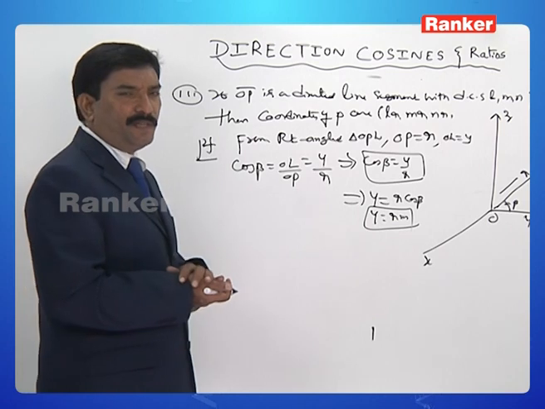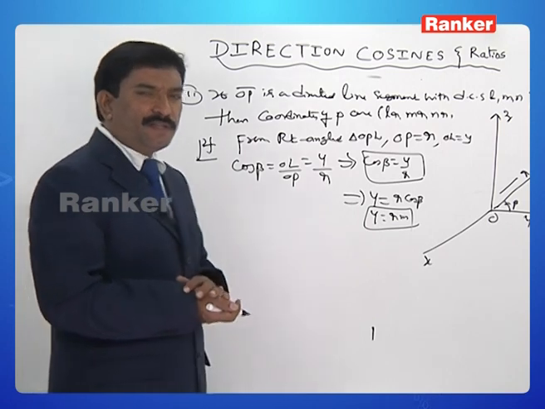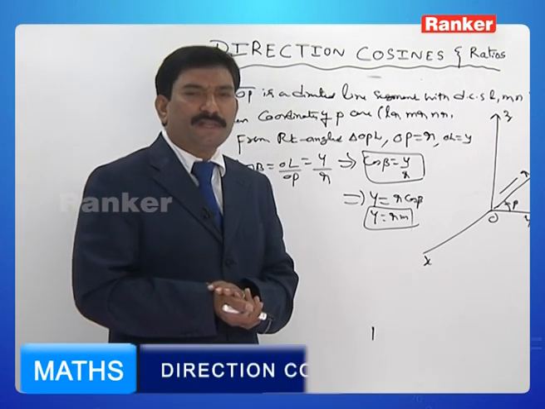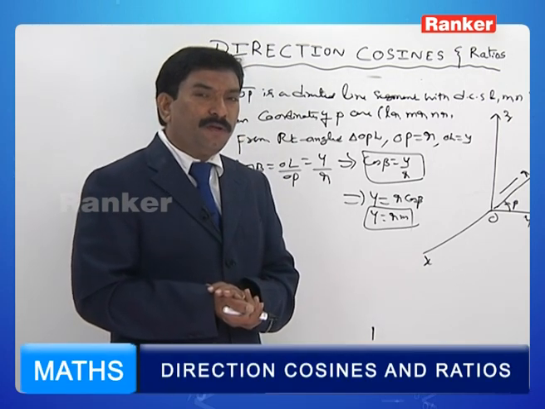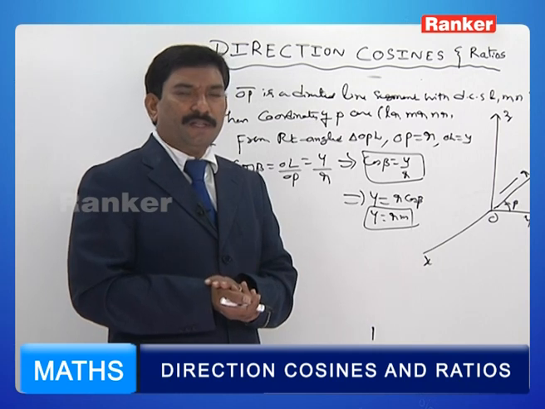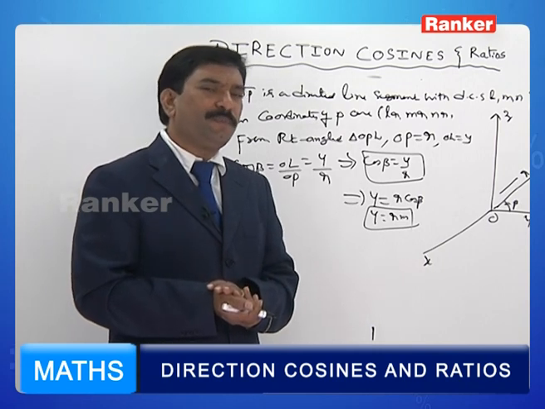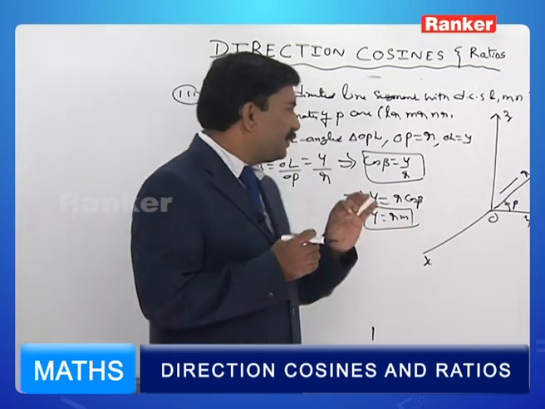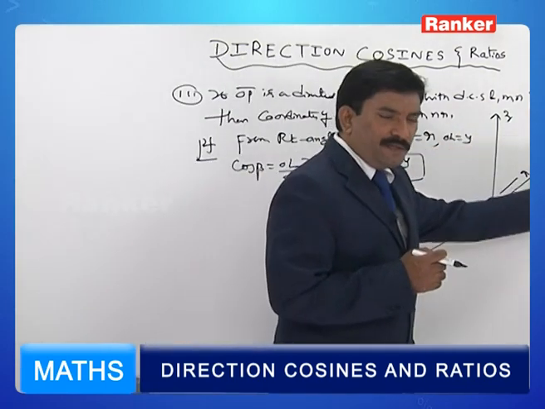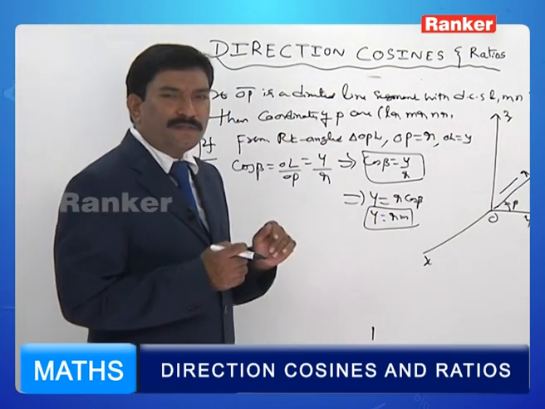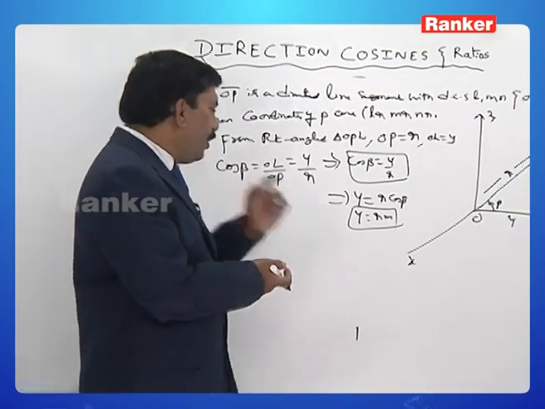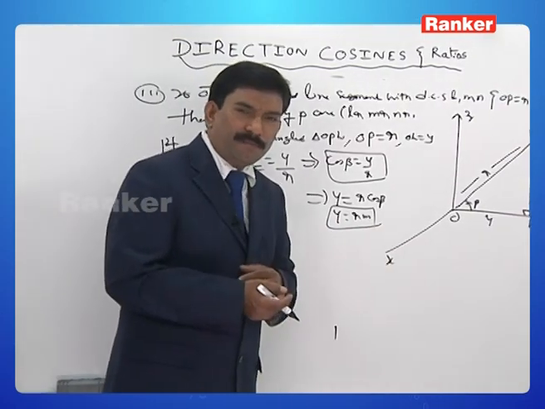Cos alpha is equal to l, cos beta is equal to m, cos gamma is equal to n. In place of cos beta, I can write m. So now we have expressed the y coordinate of the point as mr. Let P of x, y, z be a point in space. If you consider that point as x, y, z, I got y as r m.